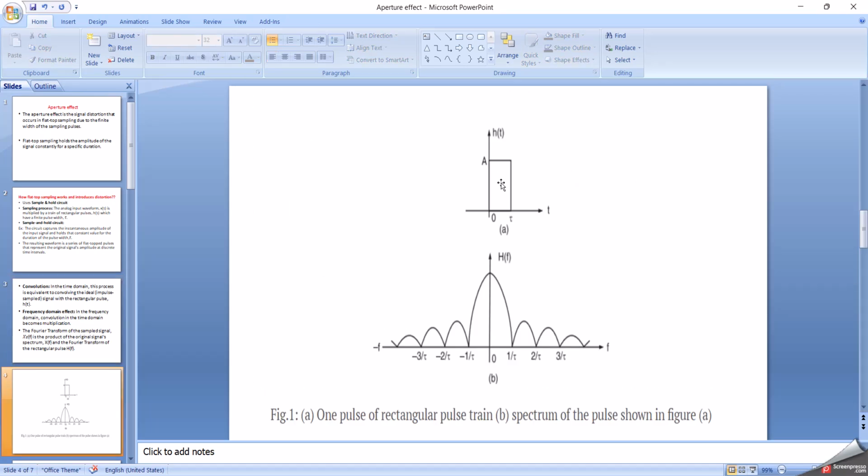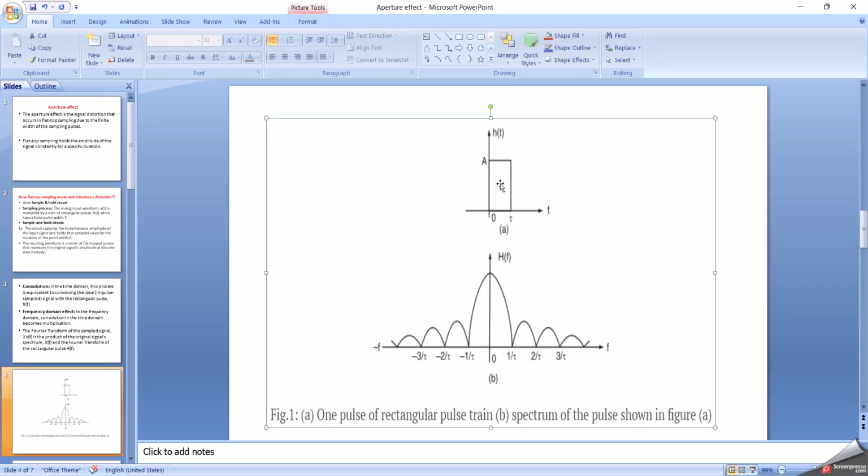Here we will see what a rectangular pulse and its spectrum look like. H of t in figure A is our rectangular pulse, and in figure B it's the spectrum.